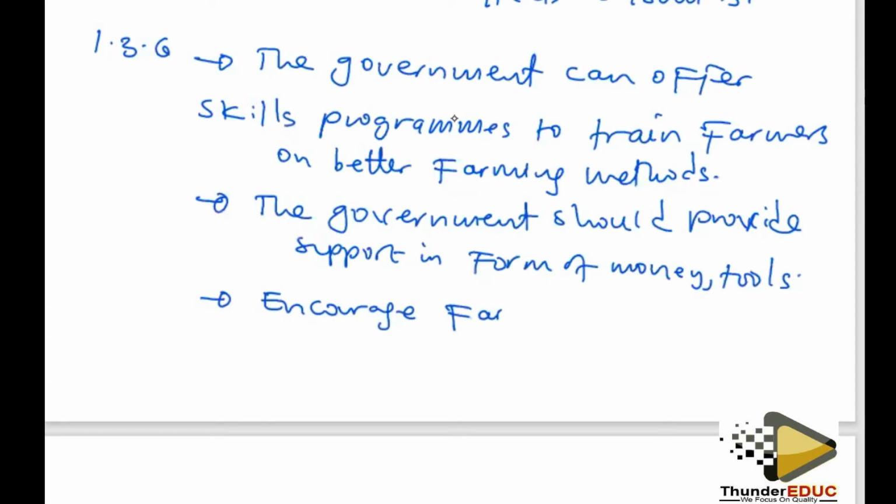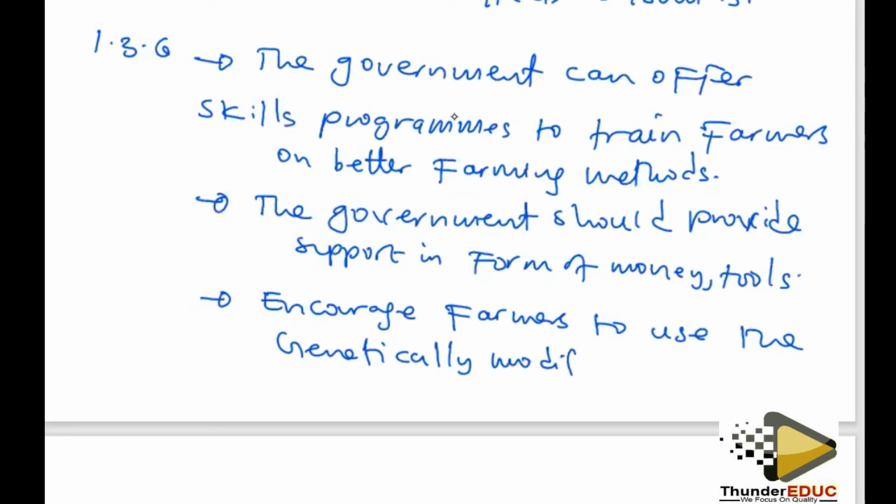Encourage farmers to use the genetically modified seeds to improve on production.